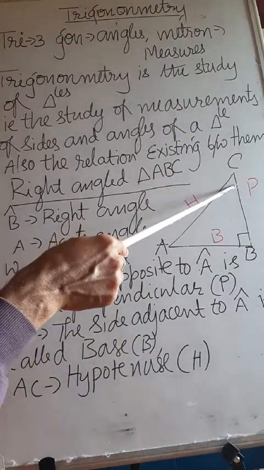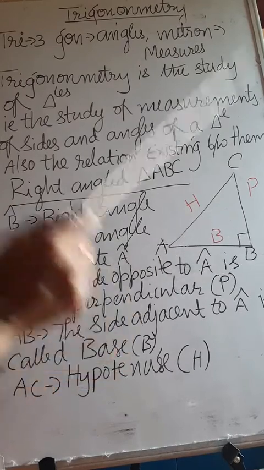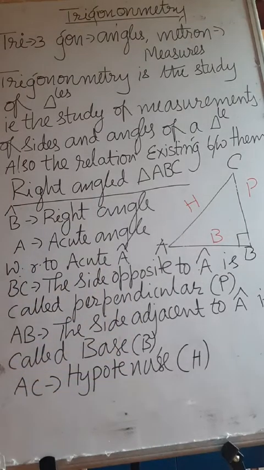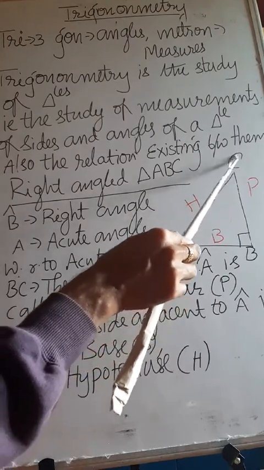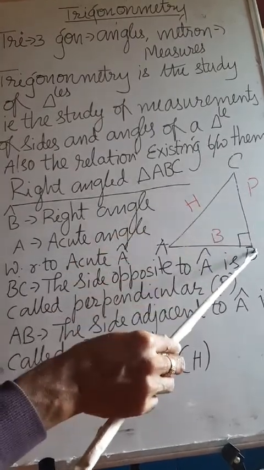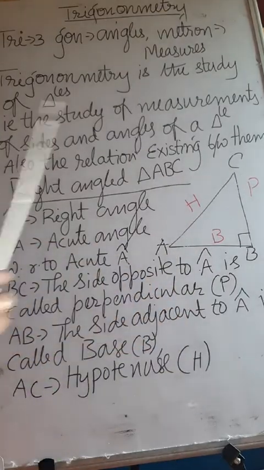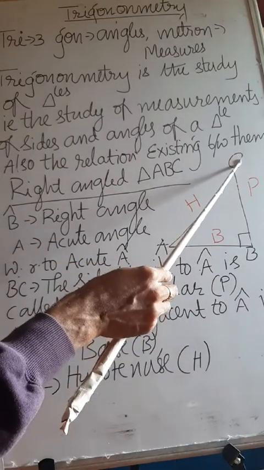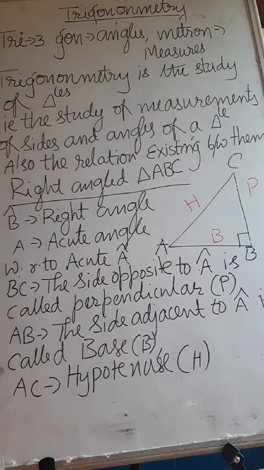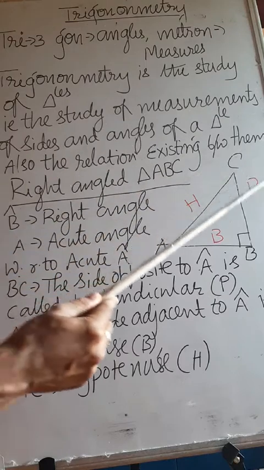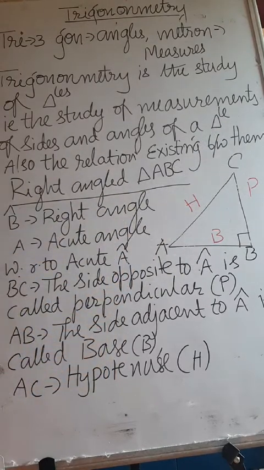With respect to acute angle C, BC is the adjacent side, that is called the base. In the earlier case, it was the perpendicular with respect to acute angle A. There is no change in the hypotenuse; side AC remains the hypotenuse. Therefore, with respect to the acute angle, perpendicular and base change.